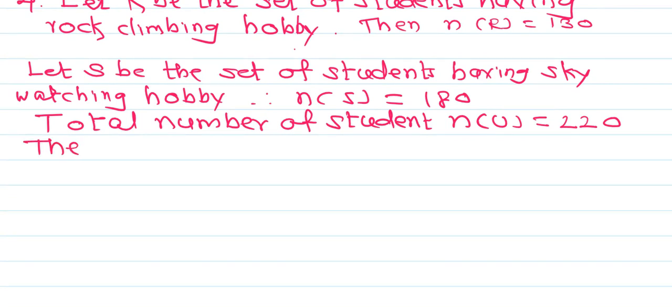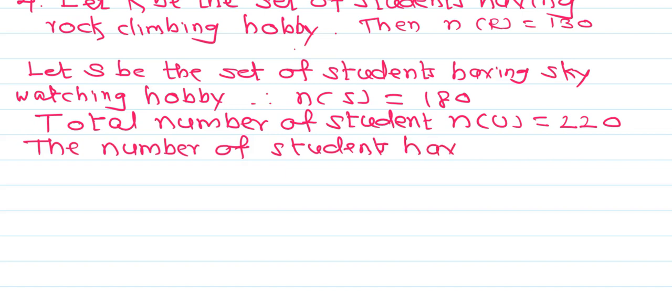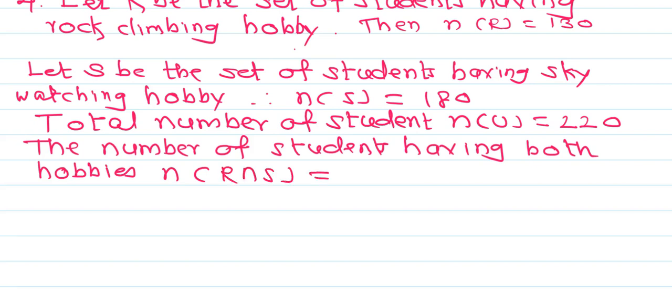Therefore, the number of students having both hobbies, N of R intersection S, is equal to 110.